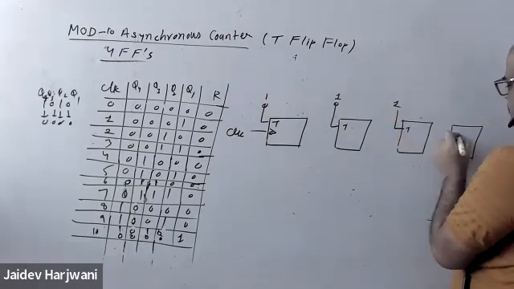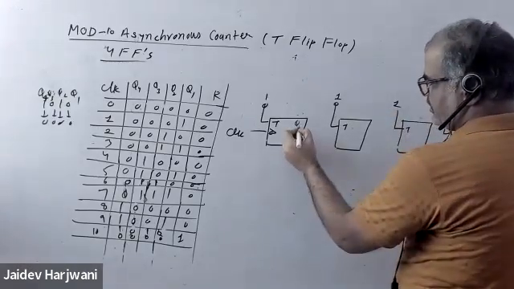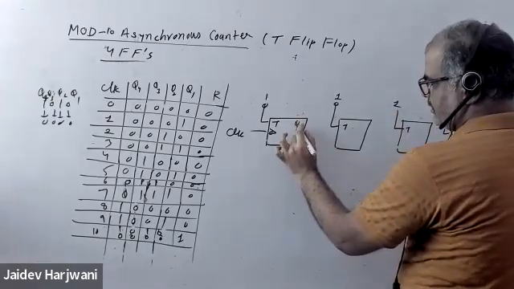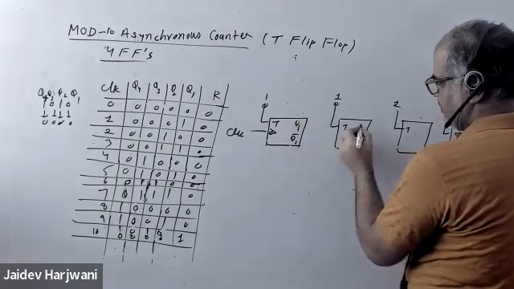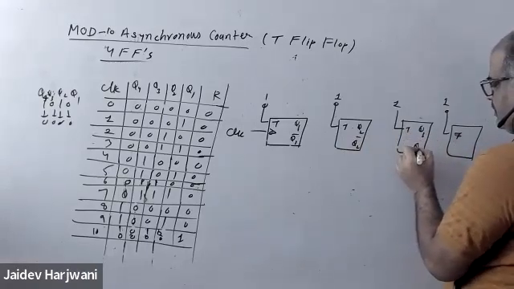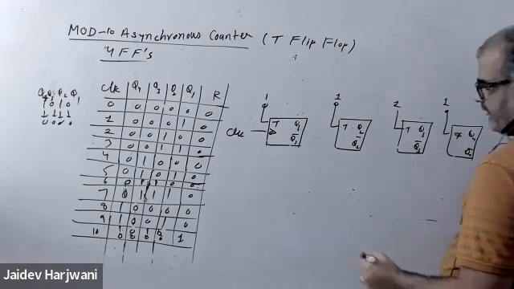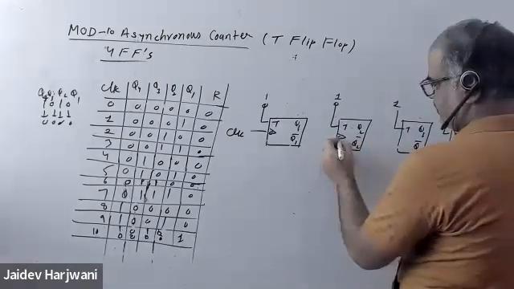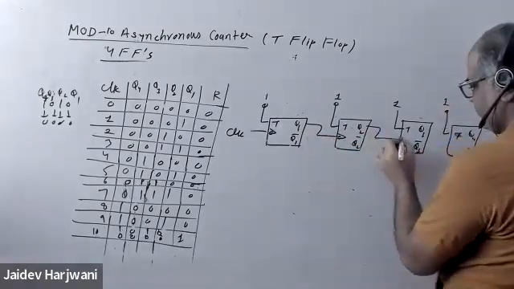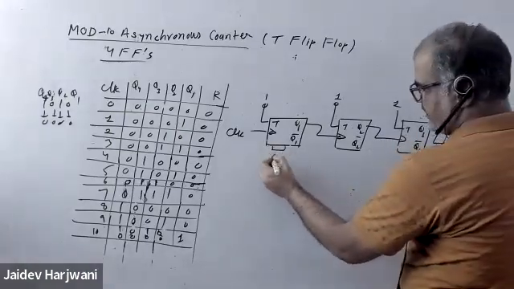T. You're giving 1 here. Okay, then you have Q1, Q1 bar, Q2, Q2 bar, Q3, Q3 bar, Q4, Q4 bar. Okay, this will become clock for this one, this one become clock for this one, and this become clock for this one.